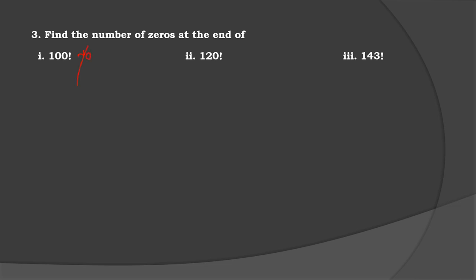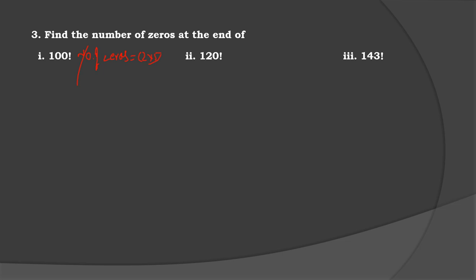the number of zeros equals what? The 2 into 5 combination, right? In 2 and 5, which one is the highest count? We are doing successive divisibility with 2 and successive divisibility with 5.